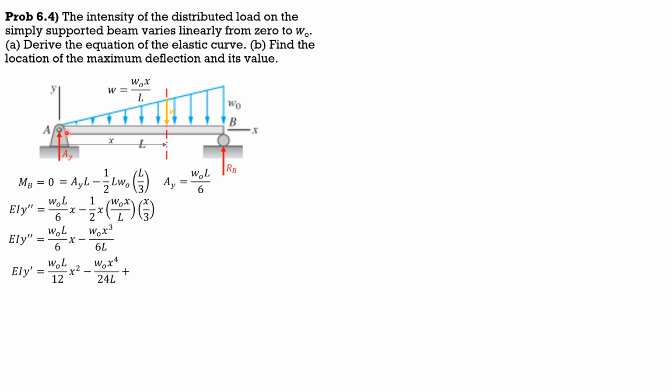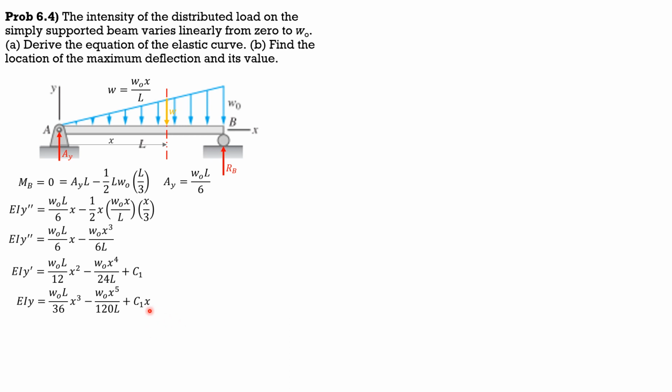There is C sub 1 because there is slope at A. But there is no C sub 2 because when X is 0, Y is 0, it is a support. So EI y equals WOL over 36 X cubed minus WOX to the 5th over 120L plus C sub 1 x. There's no C sub 2.